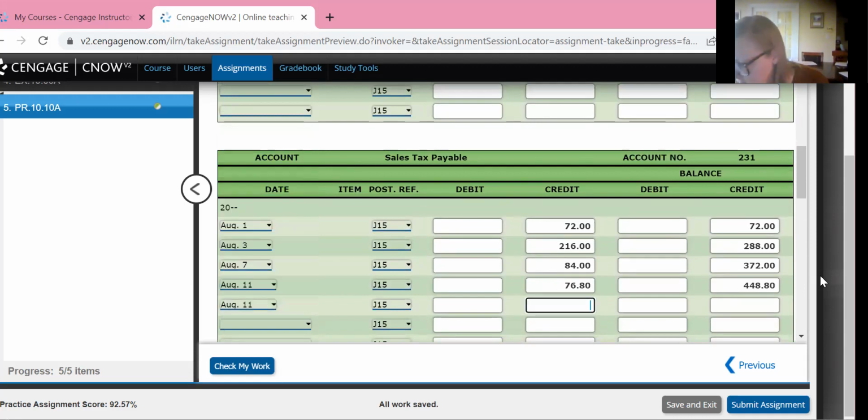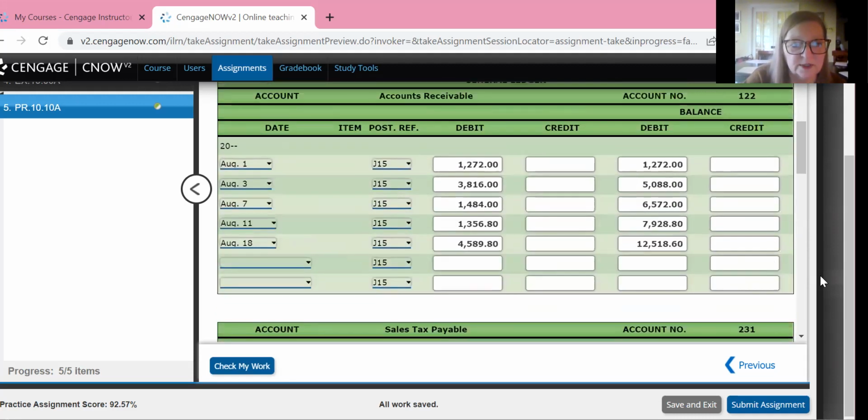Getting closer. $259.80. You have to go over here. Okay, now we got two more entries.